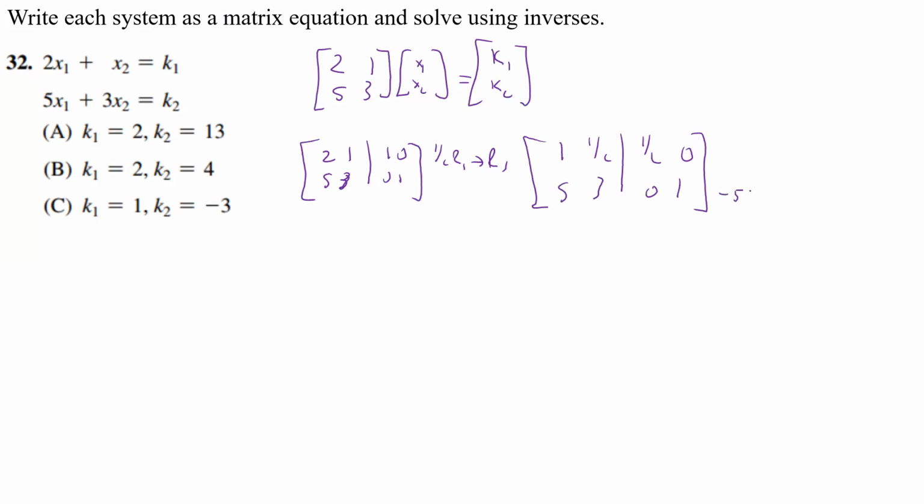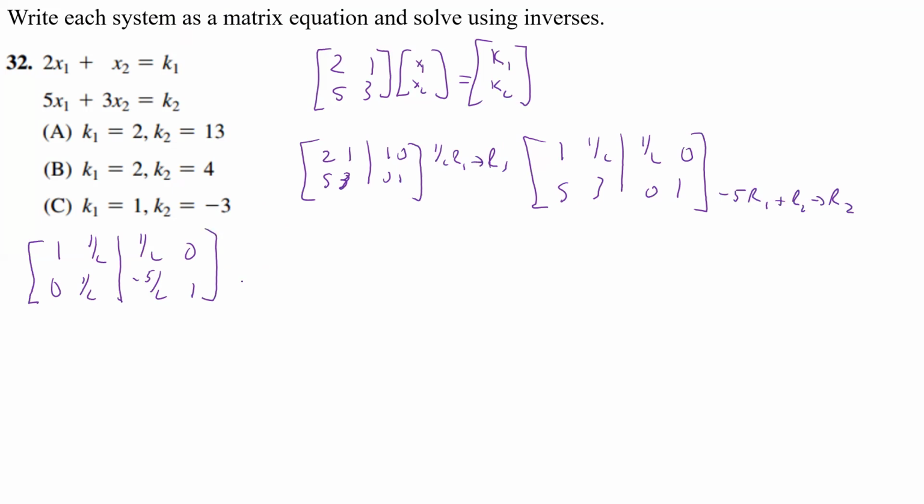Now I'm going to take -5 row 1 plus row 2 as my new row 2. That's going to be 0, then -5/2 plus 6/2, so that's going to be a plus 1/2. Then we'll have a -5/2, and then a 1.